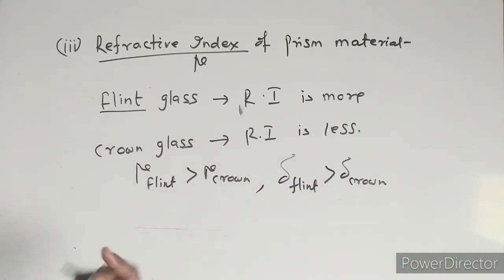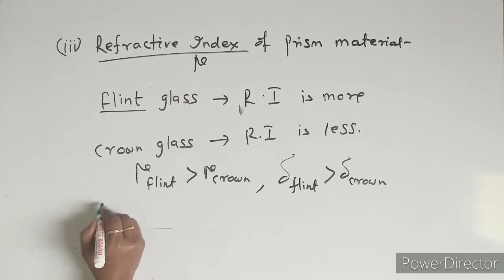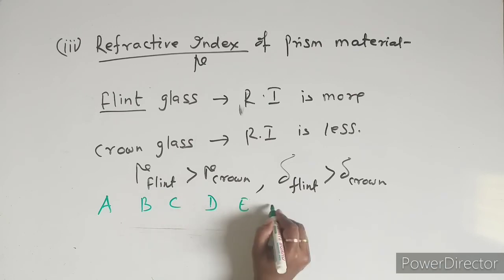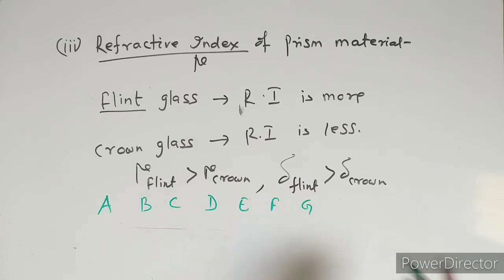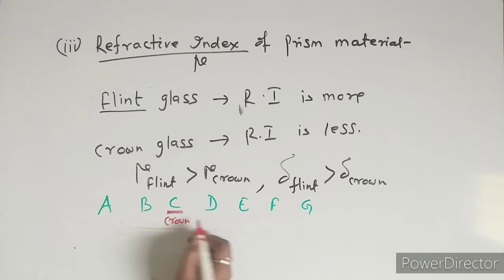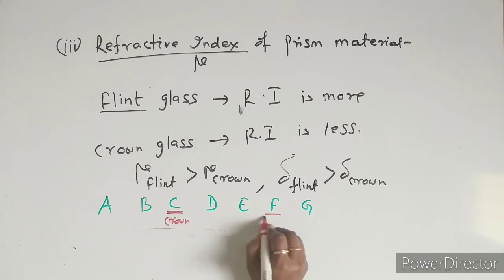So how to remember this one? Let me give you another interesting thing. Let us write A, B, C, D, E, F, G, all these letters. Let me point out here, C stands for crown glass and F stands for flint glass.